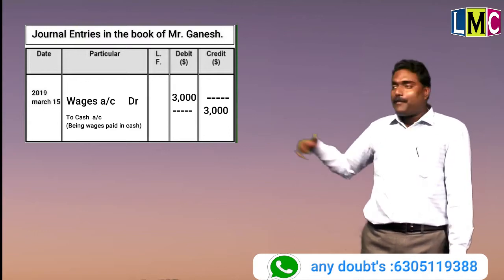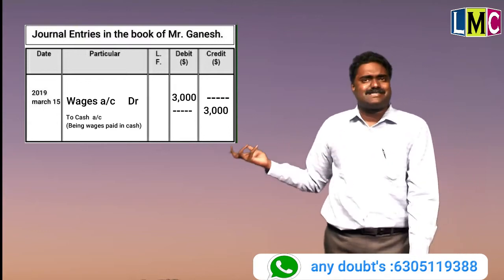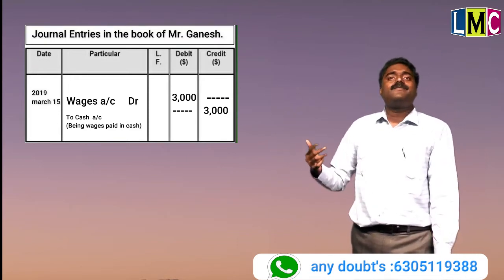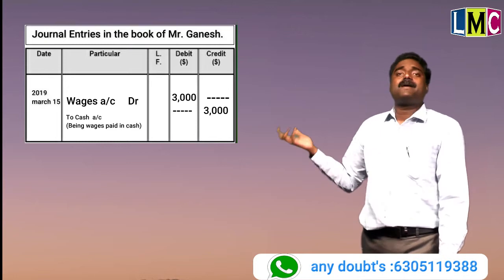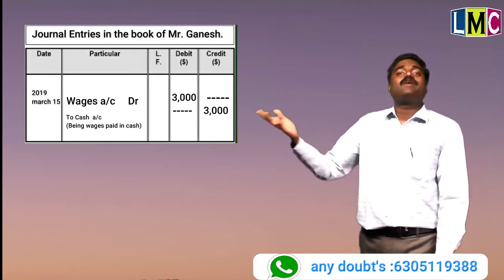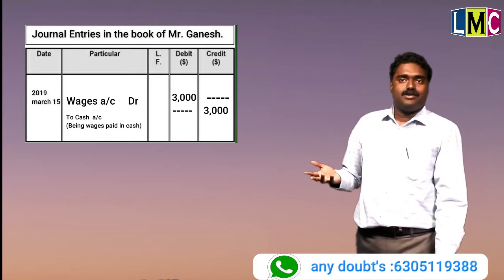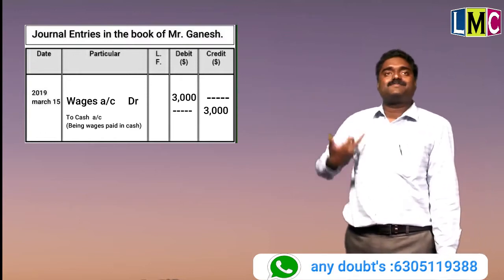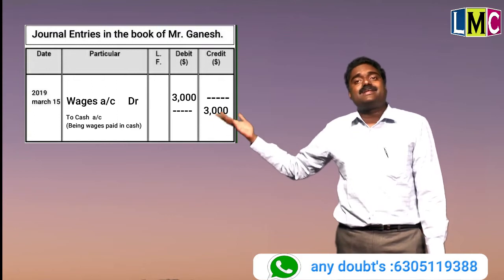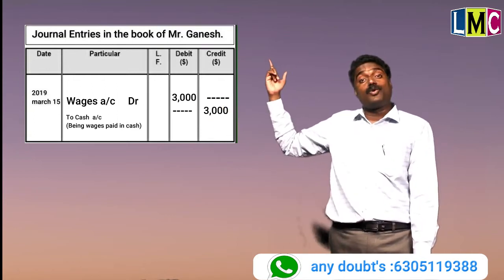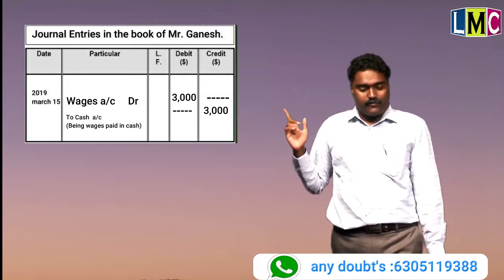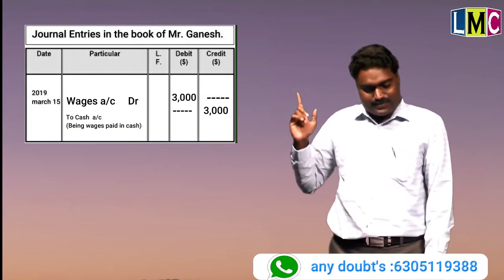Cash is going out. We are paying wages. Salaries are paid for one class of employee; wages are paid for another class of employee. Is that clear? So wages are an expense. Debit all expenses and losses, credit all incomes and gains. Remember the nominal account rule. So wages account debtor to cash account on 15th of March, being wages paid.